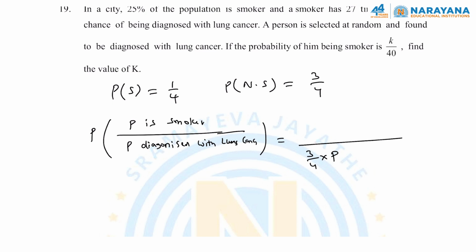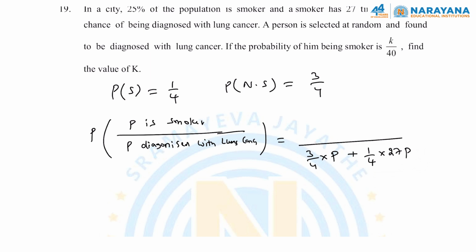Then the probability of a smoker getting lung cancer will be 27P. So 1 by 4, the probability that he is a smoker, into 27P is the probability that a smoker will get lung cancer. This is the total probability that a person is diagnosed with lung cancer.